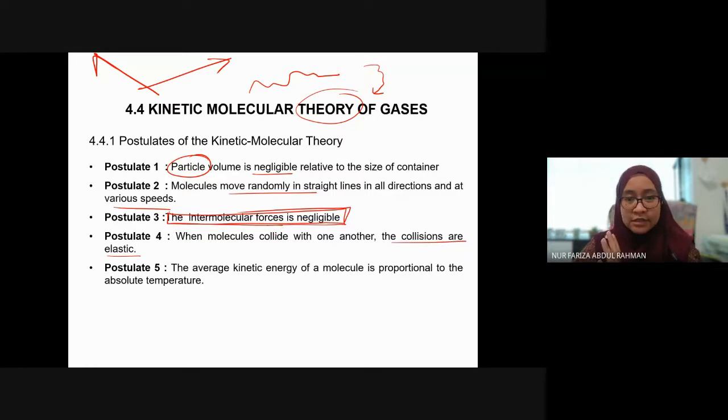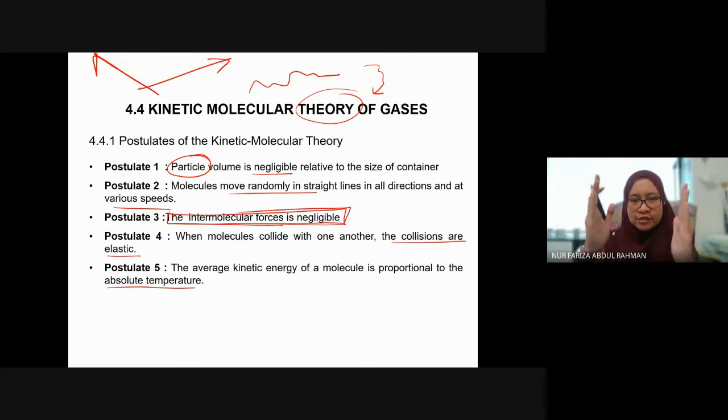It's negligible. Okay, so postulate number 5, the average kinetic energy of a molecule is proportional to absolute temperature. Again, it's due to these intermolecular forces. So bila temperature increases, the kinetic molecular energy also increases.